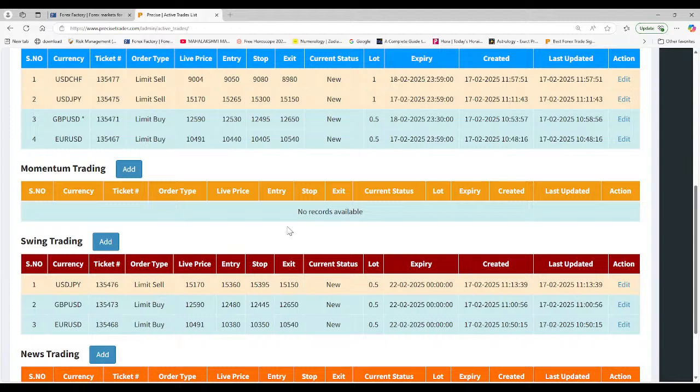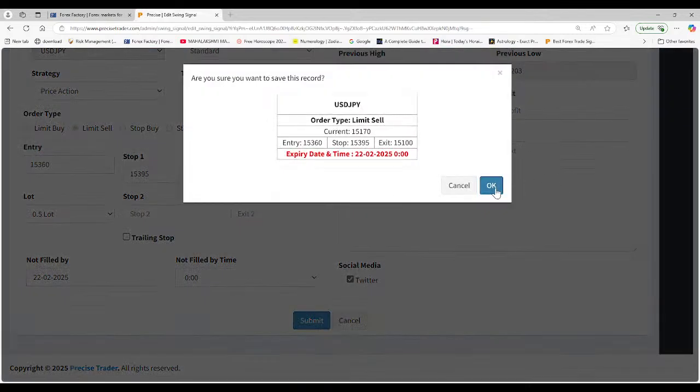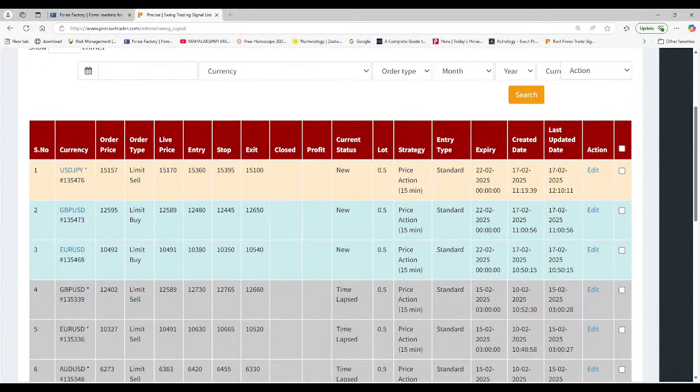But of course if that level breaks then we can see the price moving lower. So maybe this one I think we can reduce the TP to 151, because 150.90 is the next low.